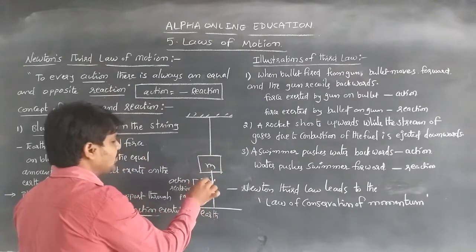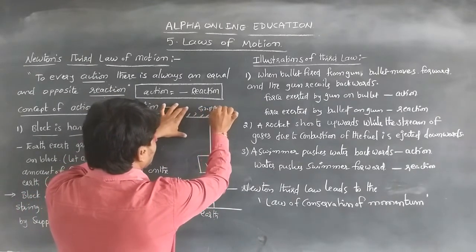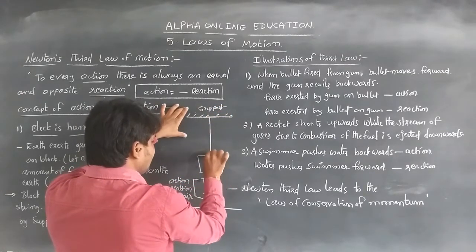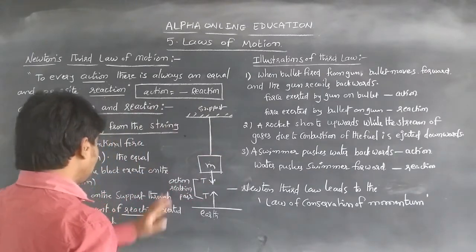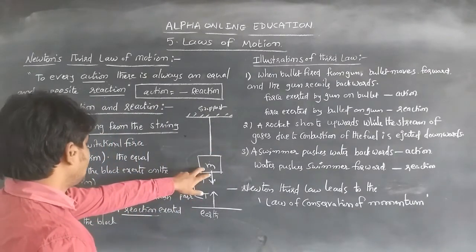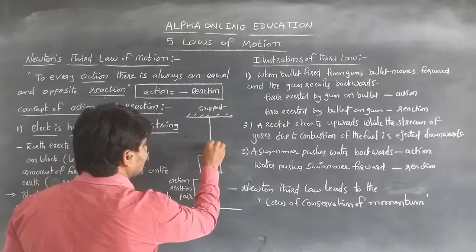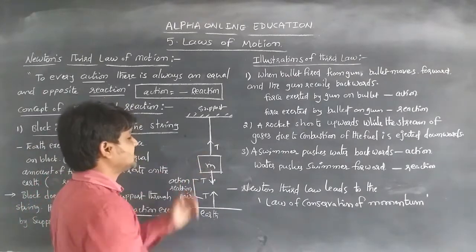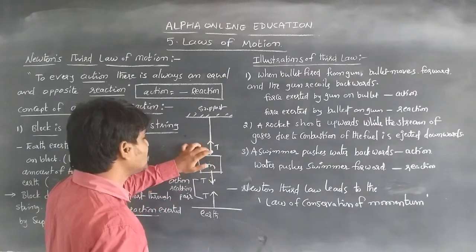Another thing here is the support. The block is suspended with the help of a string attached to the support. So the block does an action on the support: the force exerted by the block due to its mass is exerted through the string on the support.